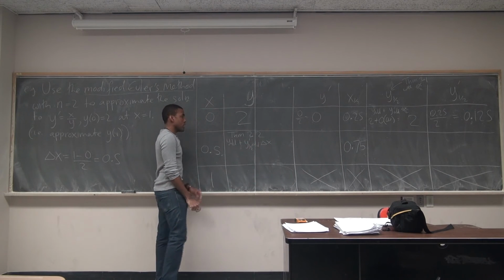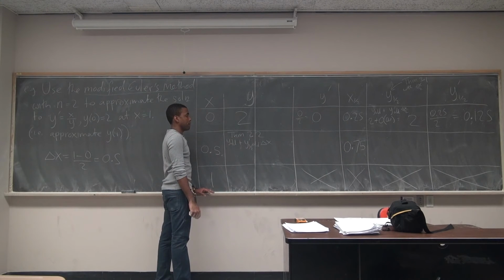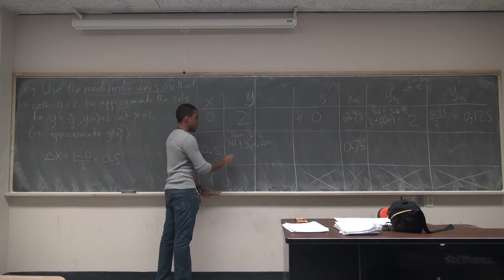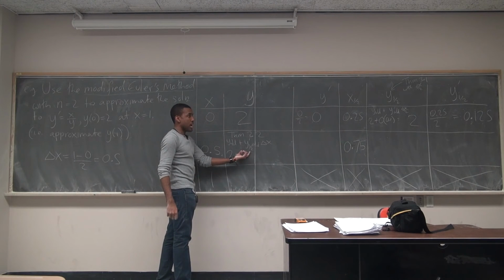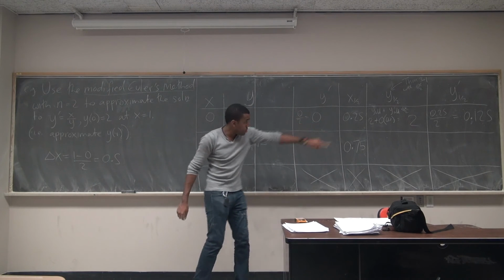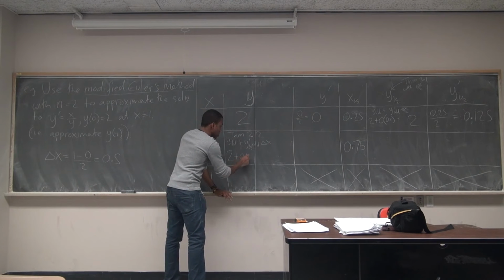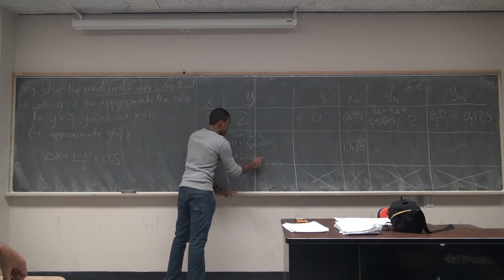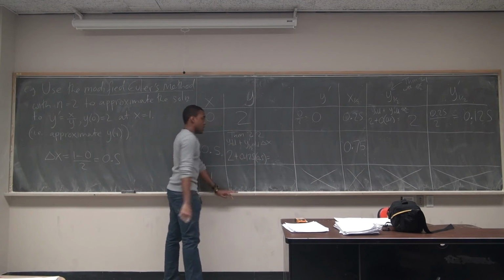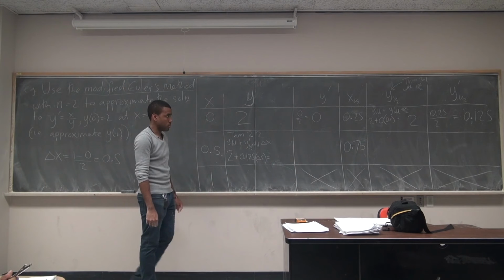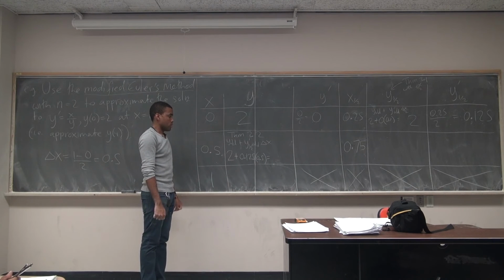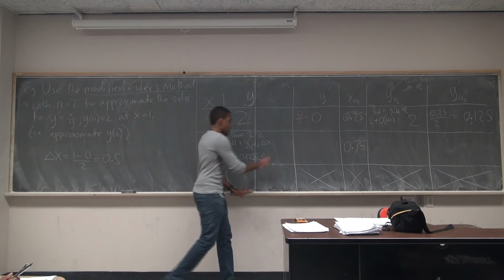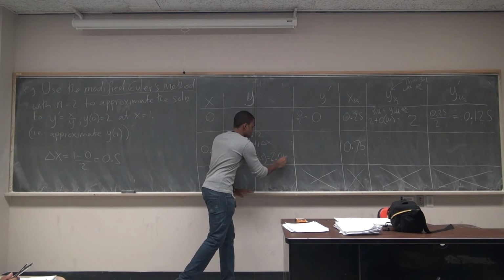What's my old y? 2 was the previous y value, plus my old y prime half, which is the guy all the way from over there, 0.125, times delta x, which is 0.5. And what is that? 2.0625.